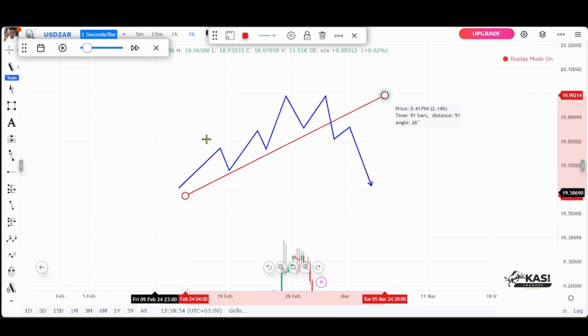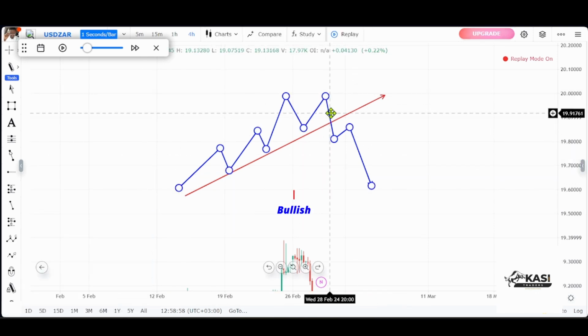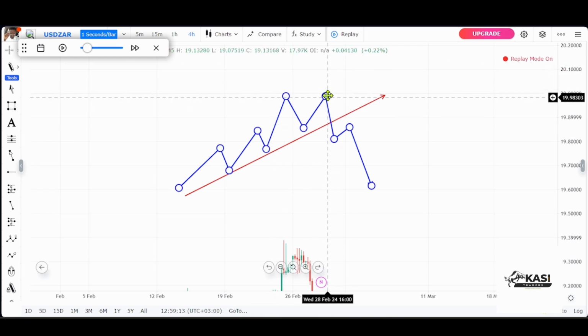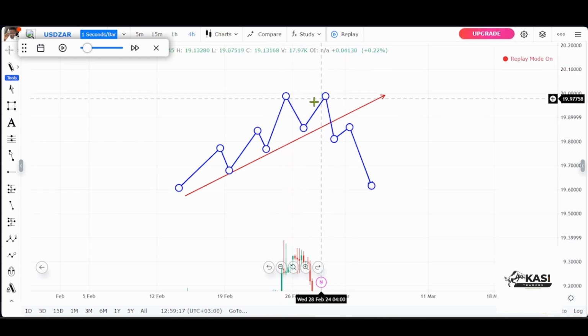We can clearly see the market was bullish here, but failed to break the previous high and closed at the same high as the previous high. You can see here it failed to break this high and closed at the same high as this one.